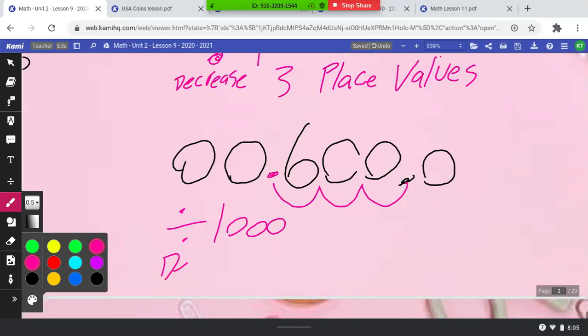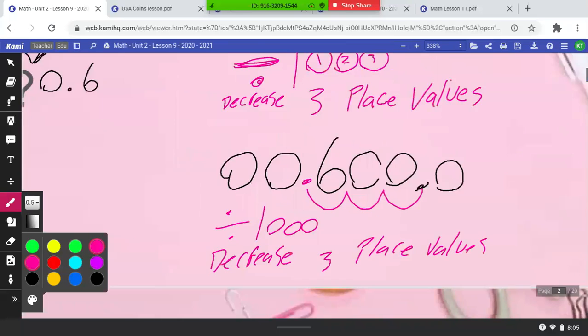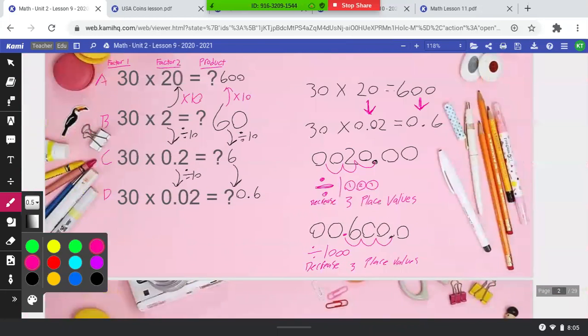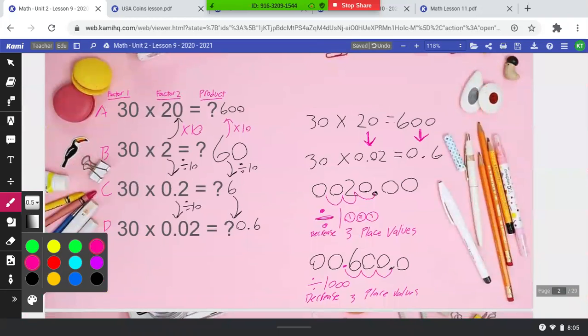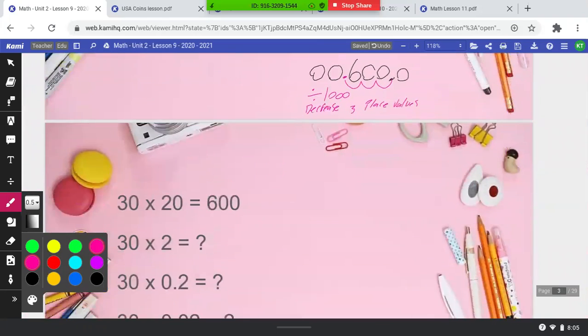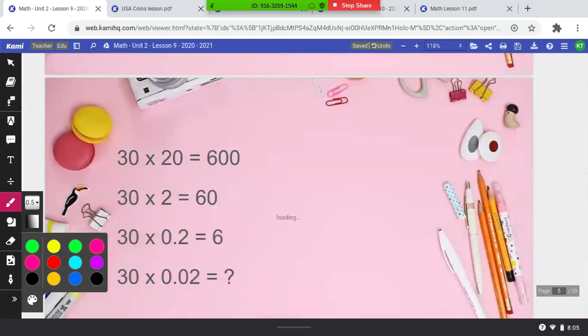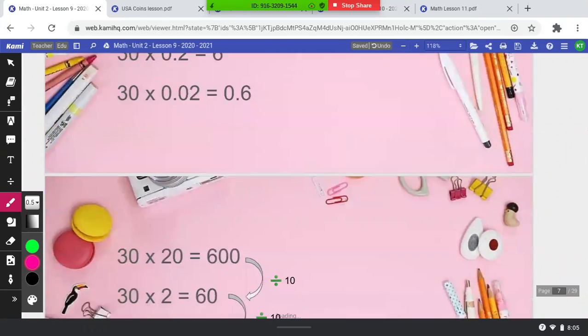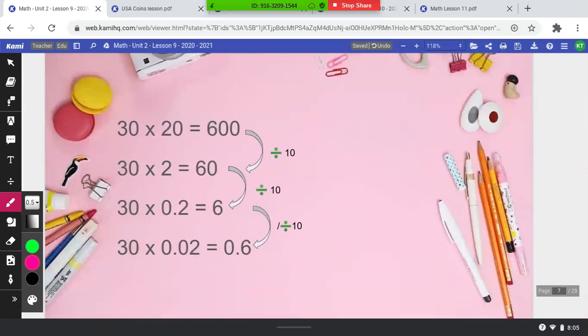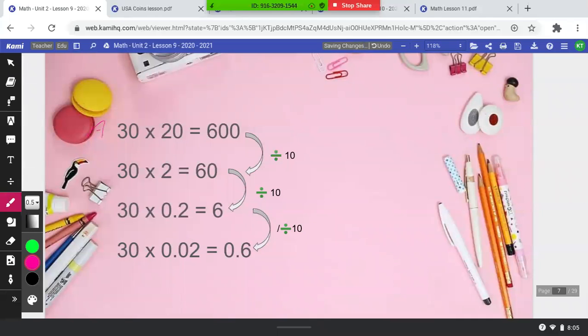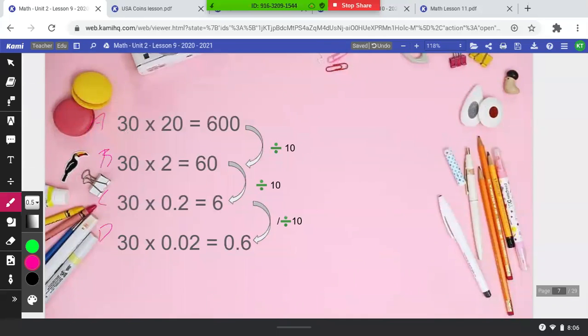And we decrease 3 place values. So we can see from A, B, C, and D, we divide by 10 and we decrease 1 place value each time.